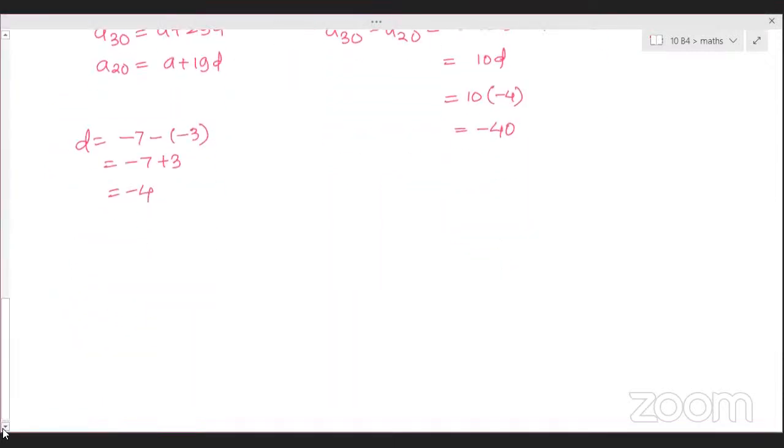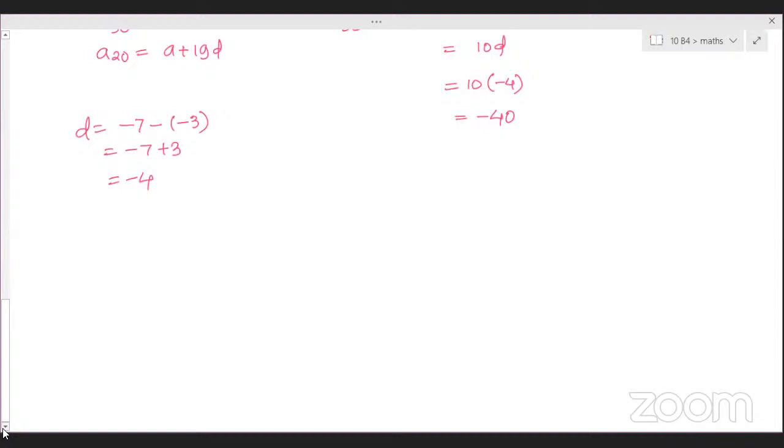Always. Now that is AN and A dash N, the nth terms of two APs you can consider. First AP, first term consider as X and Y. So it is X plus N minus 1 into D minus Y plus N minus 1 into D. Difference is same.